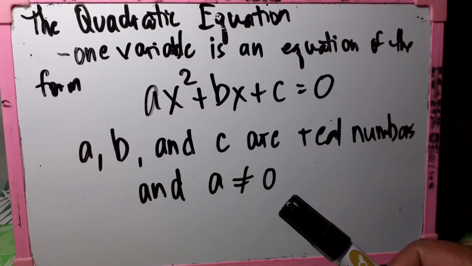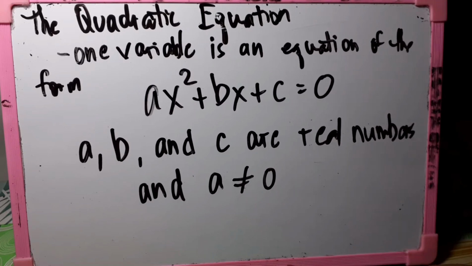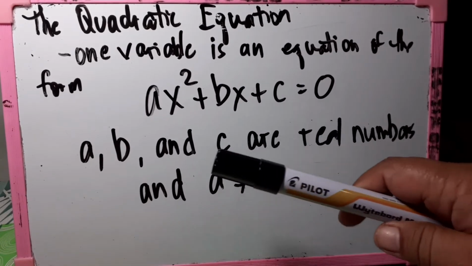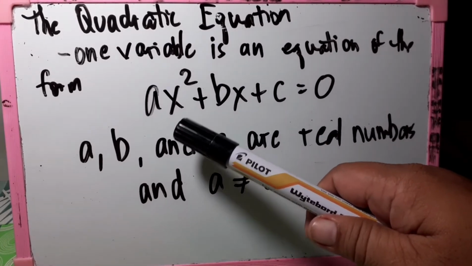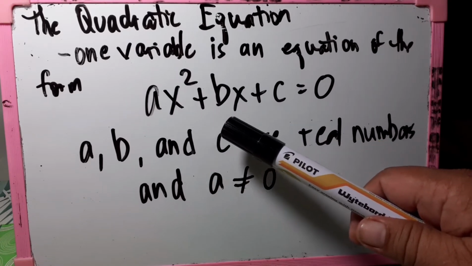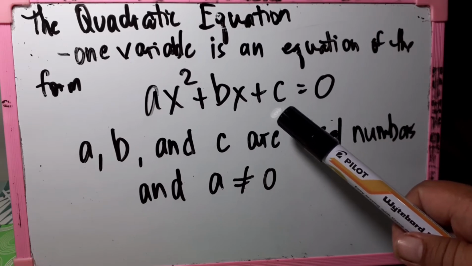In an equation, if the highest exponent is 2, then it is called a quadratic equation. Here, A is the coefficient of x squared, B is the coefficient of x, and C is the constant.